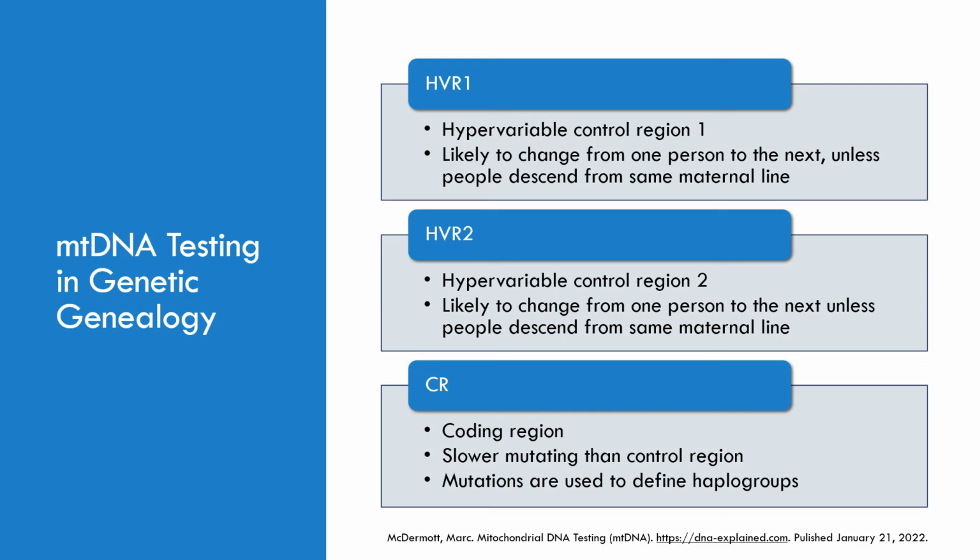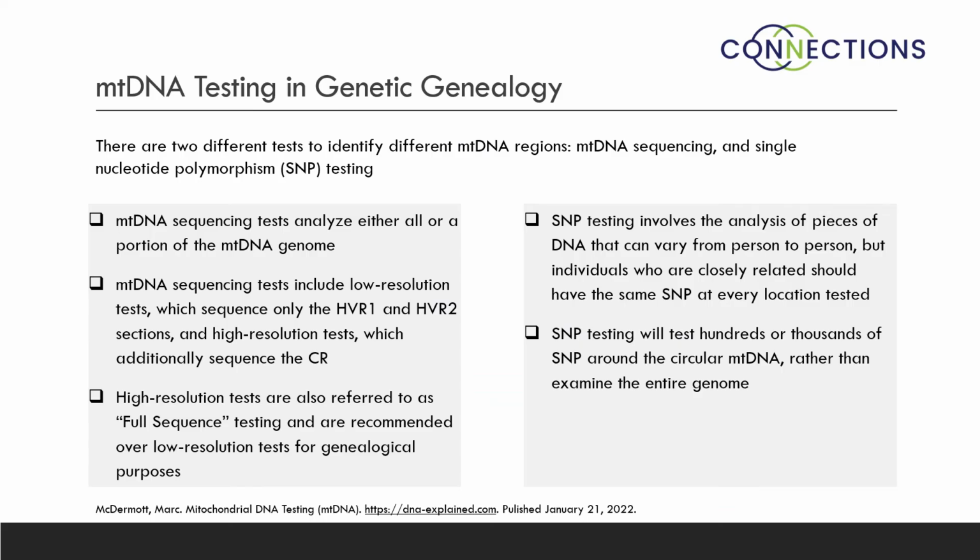Now, there are two different tests to identify different mtDNA regions. One is mtDNA sequencing, and the other one is single nucleotide polymorphism testing, or SNP testing. mtDNA sequencing tests analyze either all or a portion of the mitochondrial DNA. They include low-resolution tests and high-resolution tests.